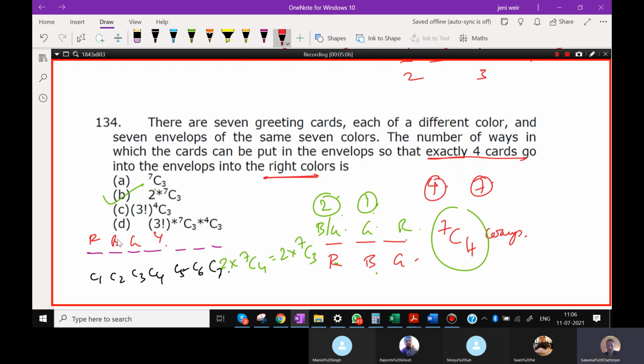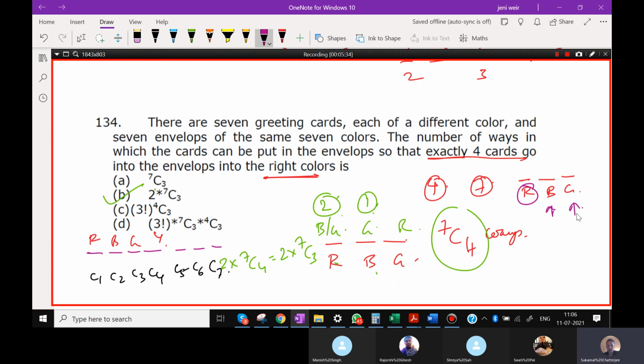Correct. So likewise I can have 7C4 kinds of combinations. Now, let us look at it with three cards: red, blue, green. Now if I say only one card can go in the right envelope, that card can be a red or a blue or a green, right?